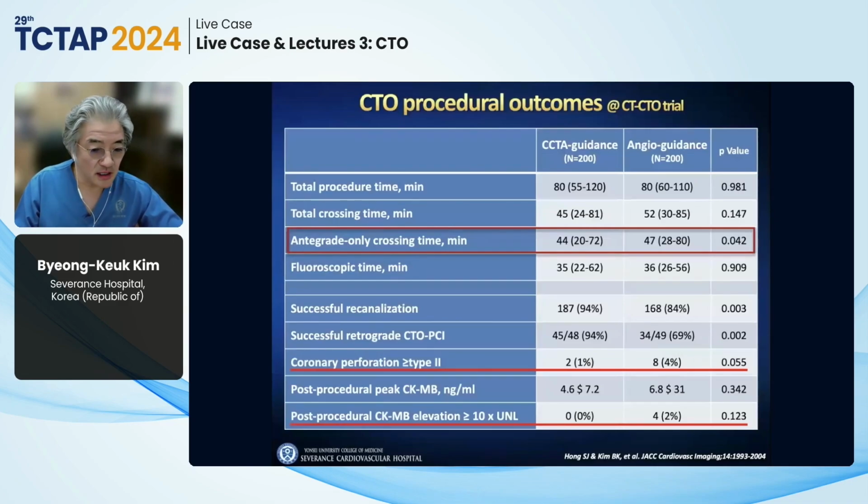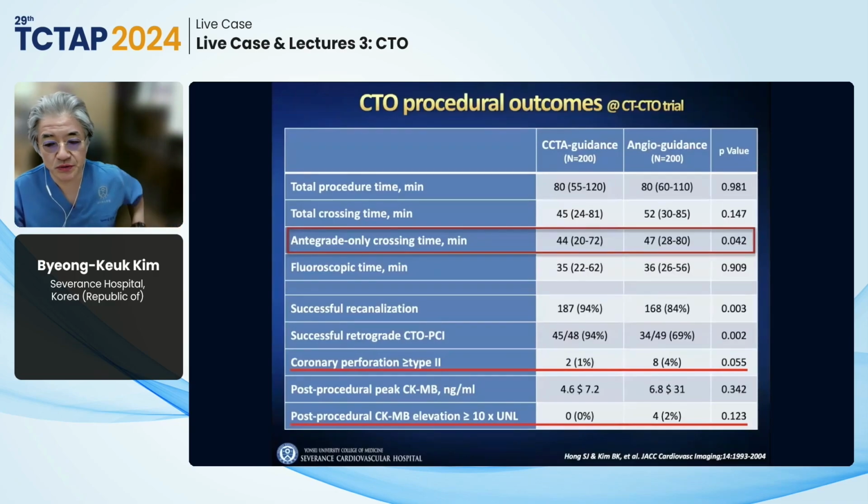Interestingly, the CT-guided CTO group showed a trend toward a lower rate of coronary perforation during the CTO procedure. The rate of emergency procedure or surgery was not significantly different. A similar trend was noted in the occurrence of large peri-procedural MI, with a relatively low rate in the CT-guided group.